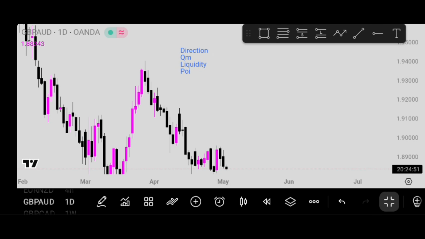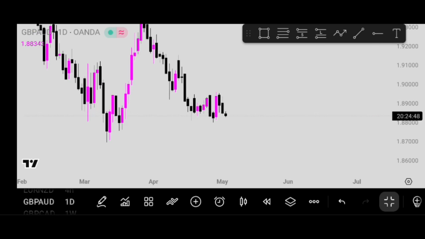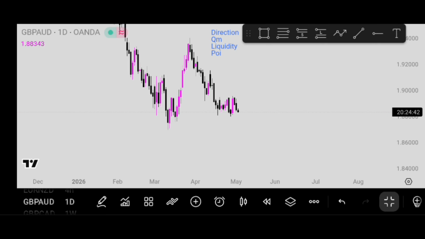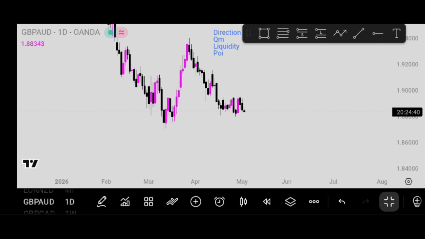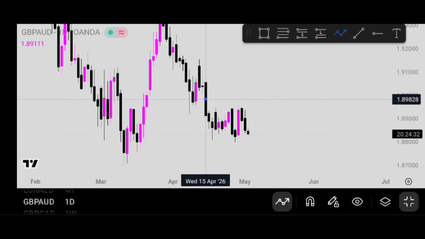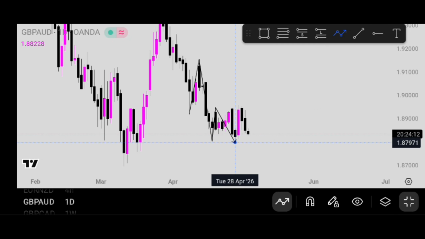We are going to first get to know where is the direction, and then when we come on the daily chart, we are seeing that market is in an uptrend, because this is where price was coming from here, a low, then a lower high, then we get a lower low, we get a lower high, and then we'll get a lower low here.